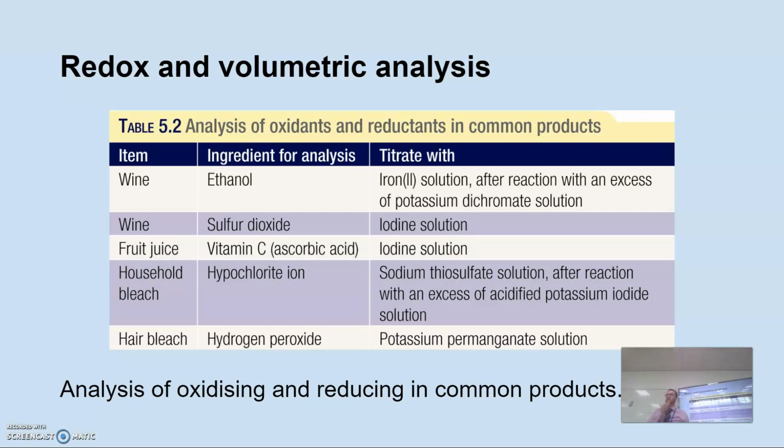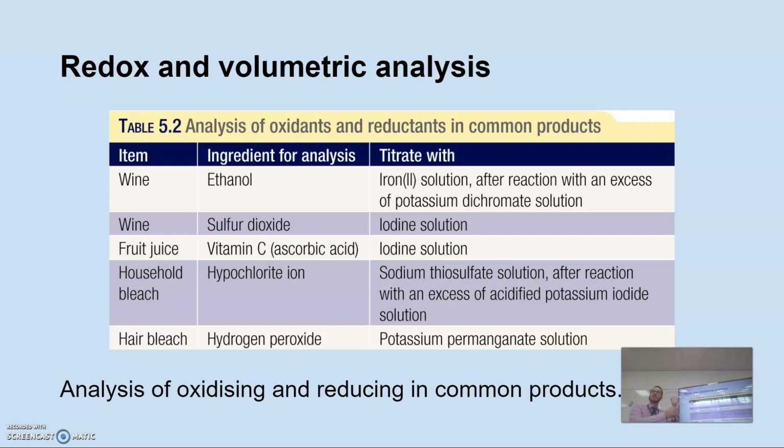One example of a redox titration is the determination of ethanol in wine, in which we might use iron solution or potassium dichromate. What do we know about dichromate? It is orange. It's an oxidizer. So what's going to happen to the ethanol in the wine? And what's happening with the dichromate? It's going to be reduced to chromium ions.